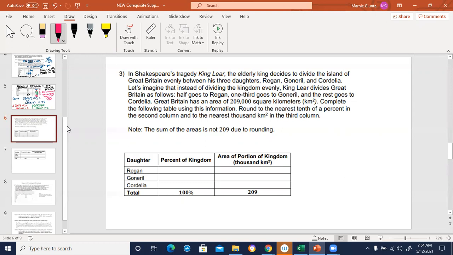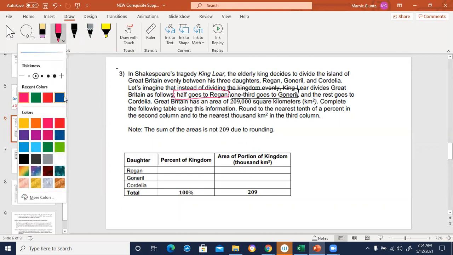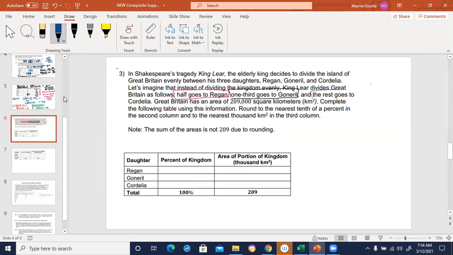Half goes to Regan. Let me underline this. Half goes to Regan. 1/3 goes to Goneril. And the rest goes to Cordelia.